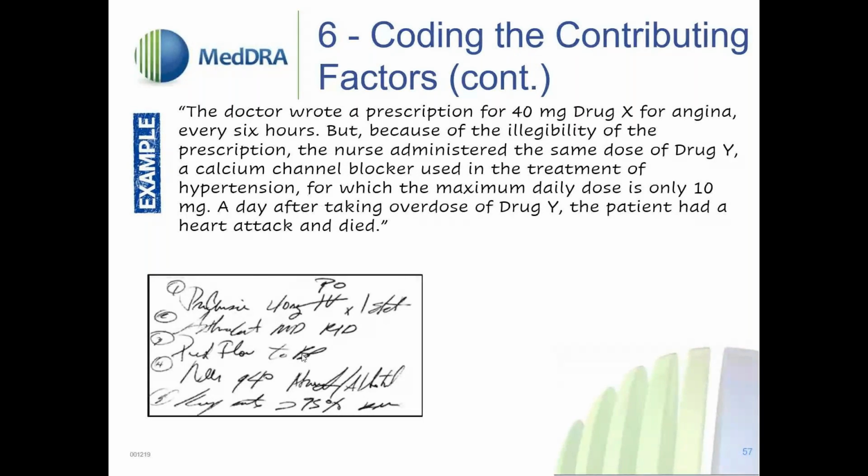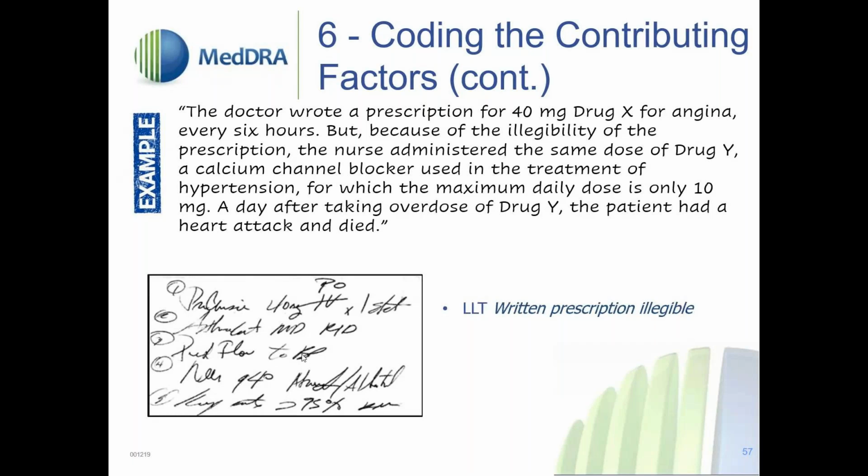So because of the error made, the patient received 160 milligram of this calcium channel blocker per day. Excuse me, 4 times 40 milligram. And a day after taking the first 4 overdoses of the calcium channel blocker, the patient suffered a heart attack and died. So what needs to be captured here?